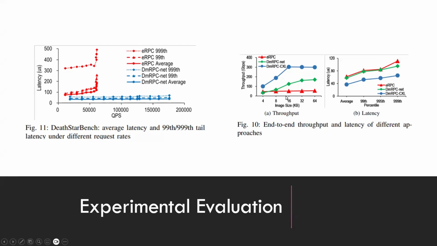So yeah, they're increasing the image size. For eRPC throughput just stays flat, but for DmRPC it changed drastically because they're passing only the reference, not the whole thing. That's why it increases the throughput.